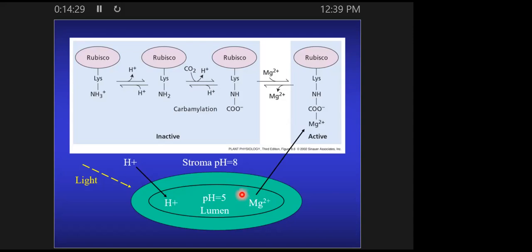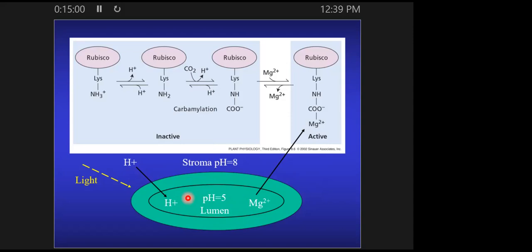That causes a situation where magnesium flows out of the lumen and goes into the stroma and then can attach to that activator CO2. So to get Rubisco fully active, it needs that magnesium. And the only way for that to happen is if you have the light reactions cooking along to create this acidic situation where protons come in and magnesium goes out.